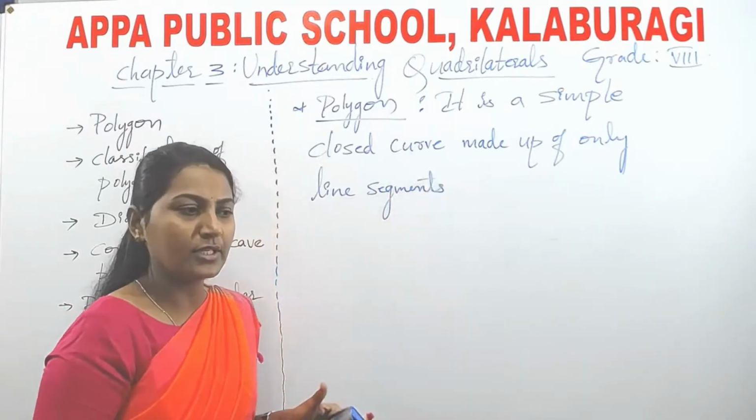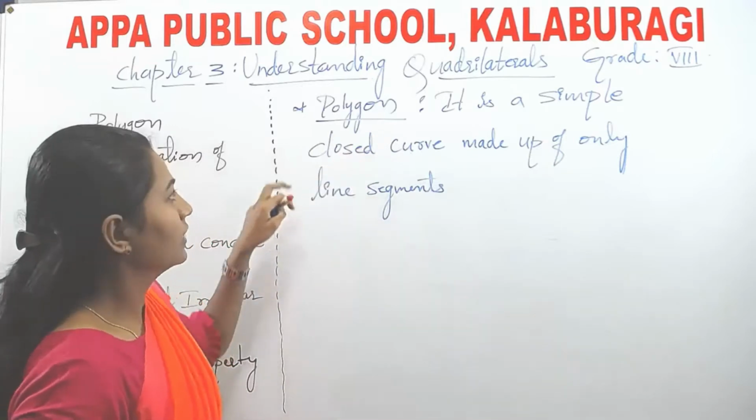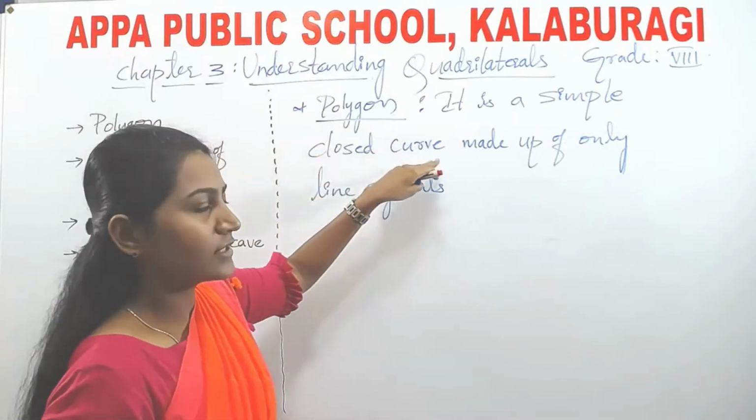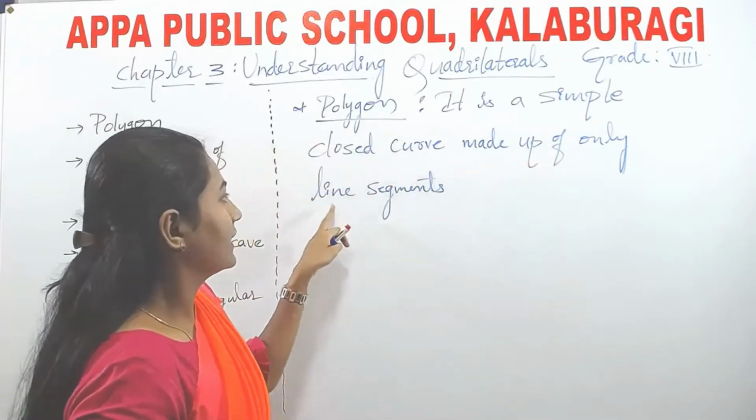You can see the definition I have written on the board. That is the definition of polygon. A polygon is a simple closed curve made up of only line segments.